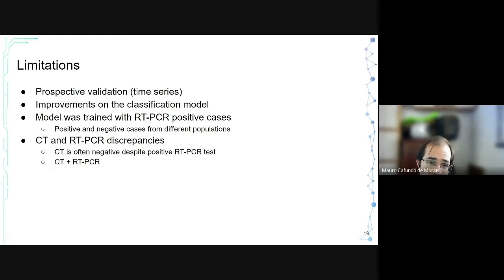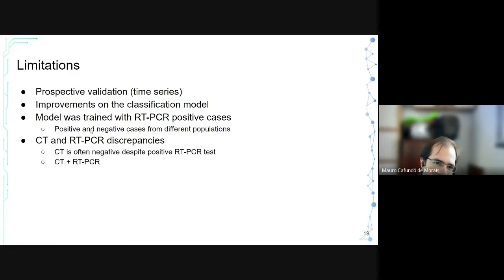And other variables about these radiological findings, such as the region of the lungs, whether it's on the right side or the left side, upper lobe, lower lobe, or on the periphery of the lung. These are all variables that could also be accounted for in order to improve the classification model, right?